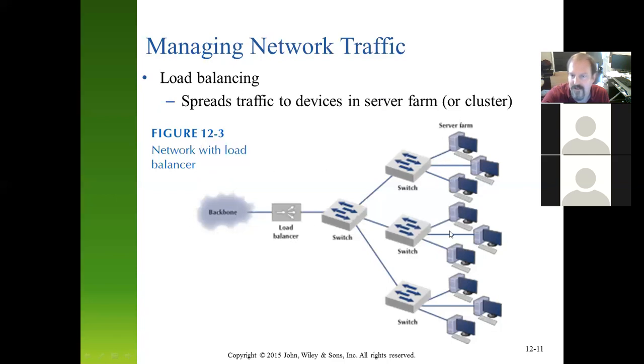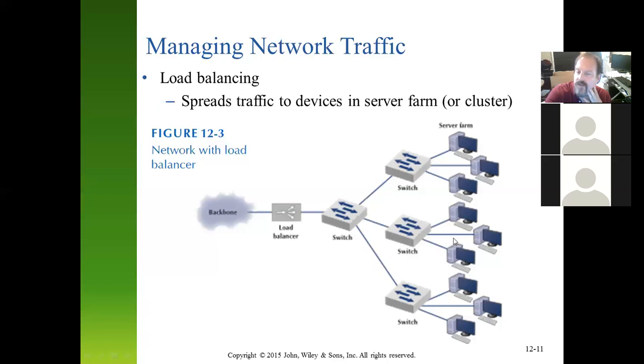These servers are many. But as far as you, the user on one computer out here on the internet, are concerned, it looks like a one-to-one relationship. So we use load balancing to create a one-to-one relationship for you, the outside user, to talk to server data, to offload the traffic, offload the processing requirements from one device.